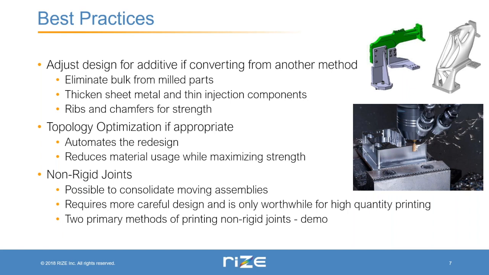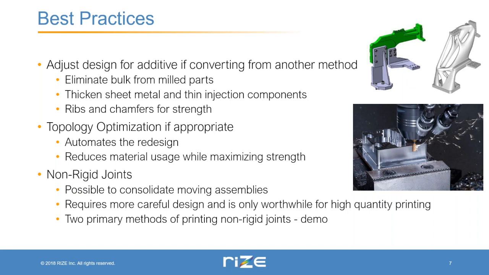Some other approaches that you can use include topology optimization if it's appropriate. This would mainly be in cases where you are really focused on reducing the print time or the material usage, but you still care about strength, and topology optimization can give you a very optimized geometry to use for the part. And as you can see in this picture at the top, it can also automate the process of consolidating your assembly components.